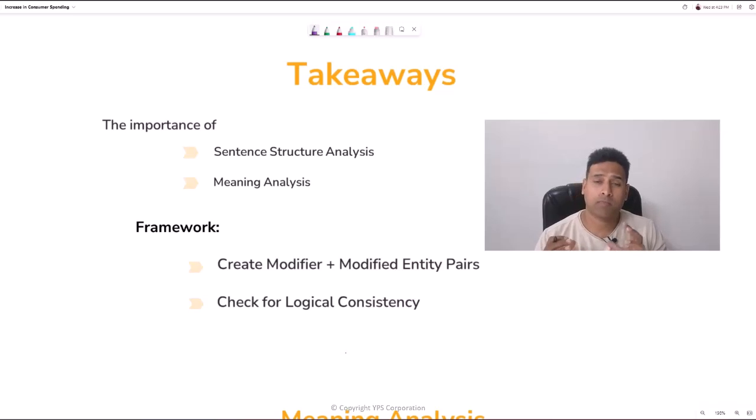But after that, we looked at a framework of cracking modifier errors in official questions, and that is to create pairs between modifiers and modified entities, write them down side by side or visualize them side by side, and check if they agree with each other logically or not. Unless you painstakingly do this, you are not going to be able to see through the toughest SC questions on modifiers.